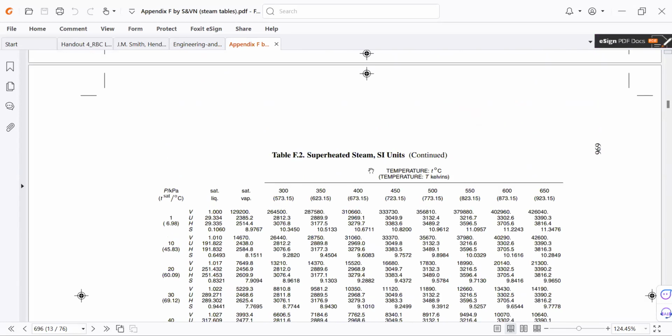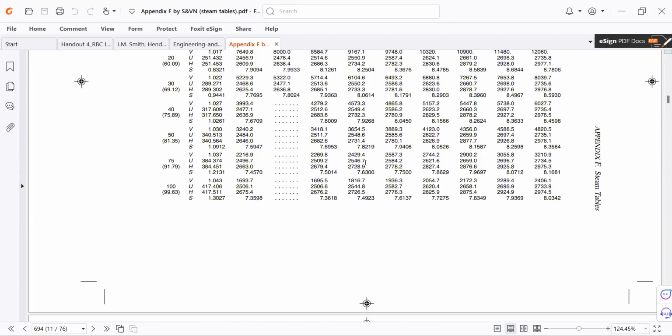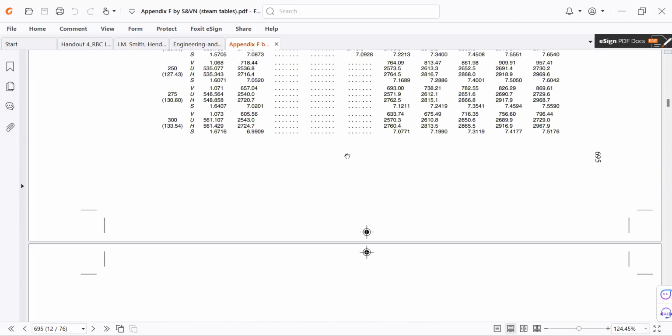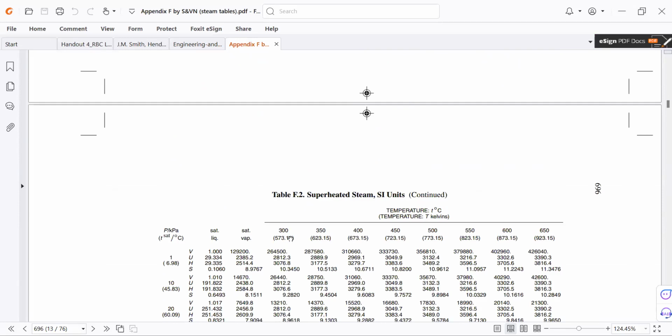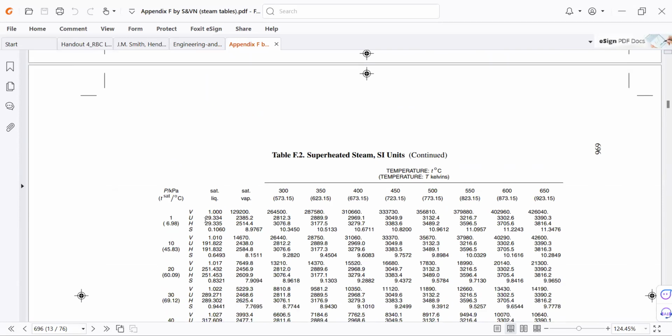As you can see right here, based on the steam table, the lowest pressure is 1 kilopascal. So the lowest pressure available for the temperature 300 using the superheated table is 1 kilopascal. This is what we will assume because it's a good assumption, since it's the lowest pressure and we have values for the enthalpy.